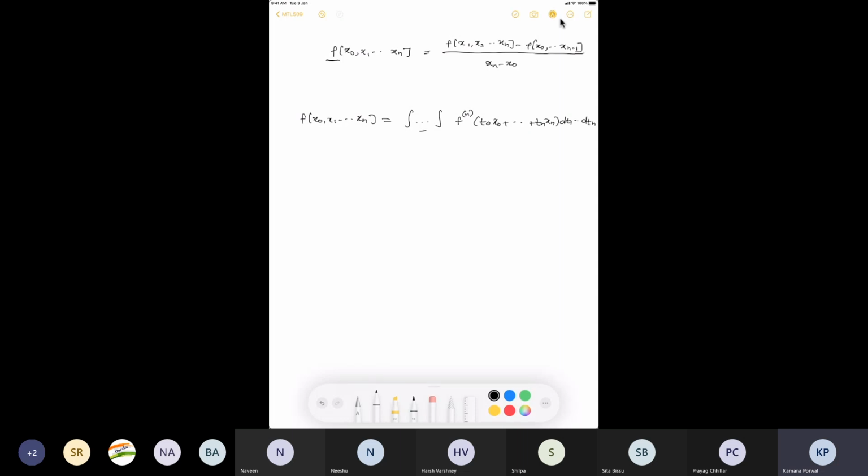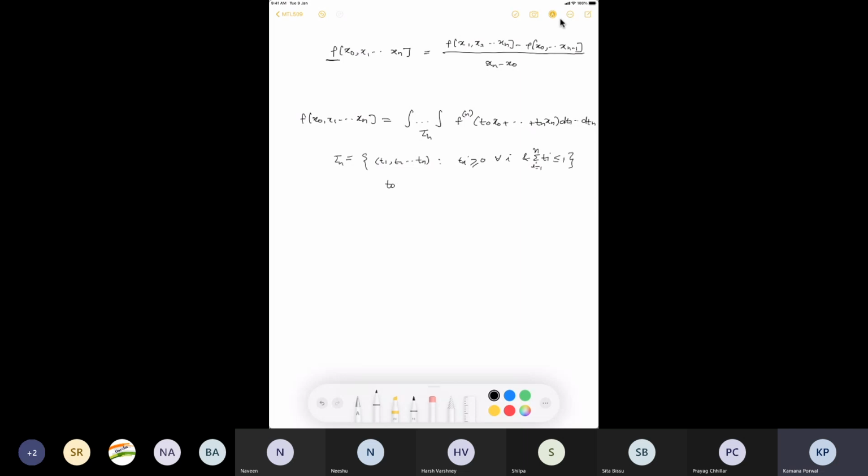The region of integration is tau n, which is the set of all t1, t2 up to tn, where each ti is non-negative and the summation of ti, i ranging from 1 to n, is less than or equal to 1.